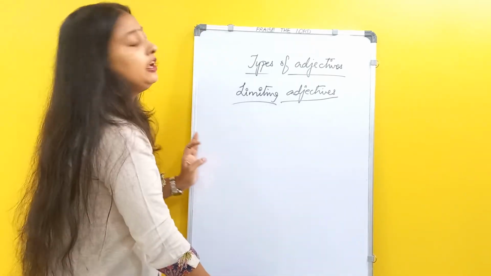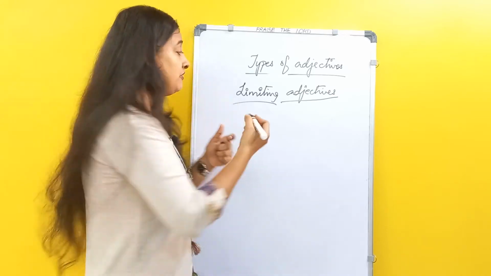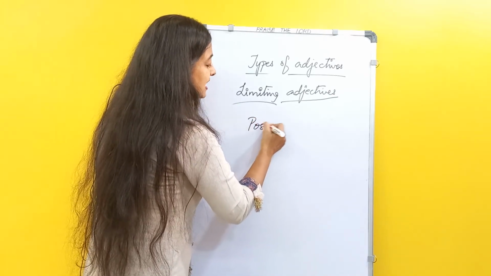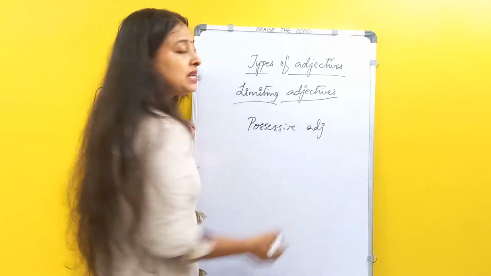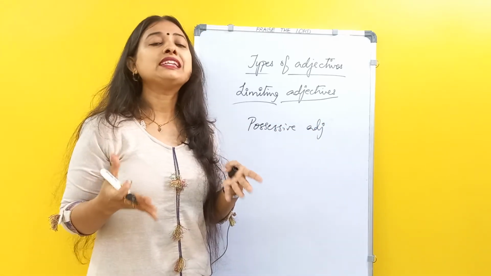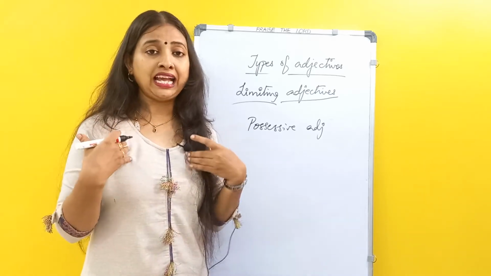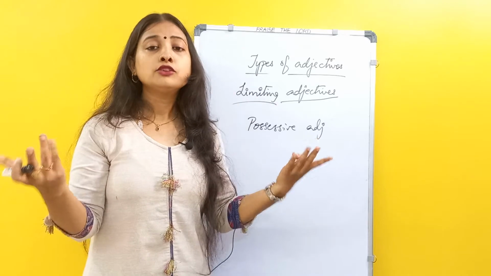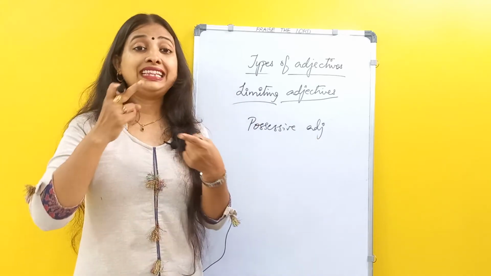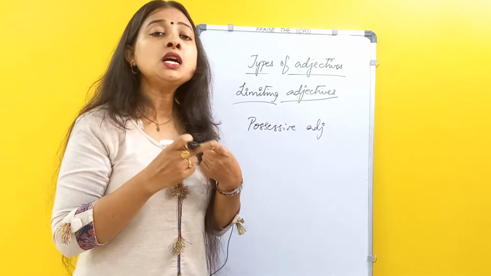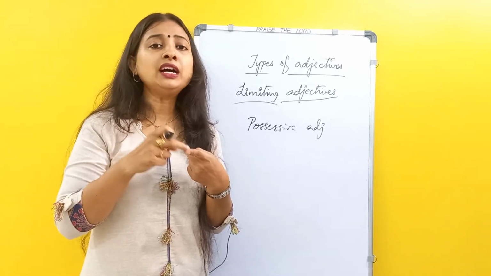Similarly, we have even seen possessive adjectives. What are possessive adjectives? Possessive adjectives tell us about ownership, like my, your, our. All these words tell about ownership, but they are not describing the quality or trait or attribute of a noun.